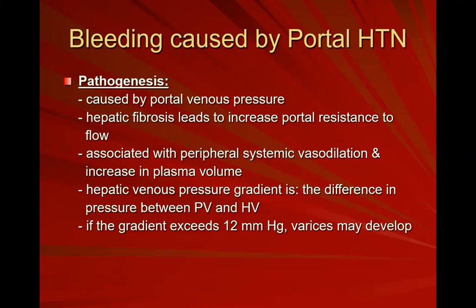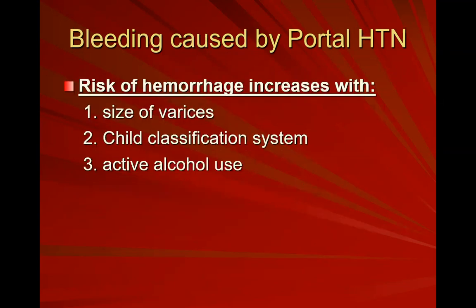So there would be how to determine the portal hypertension. Usually it's the gradient between the portal vein, which is in the portal circulation, and the hepatic vein, which is the systemic vein. So if the gradient exceeds more than 12, then there would be a high risk of developing varices.